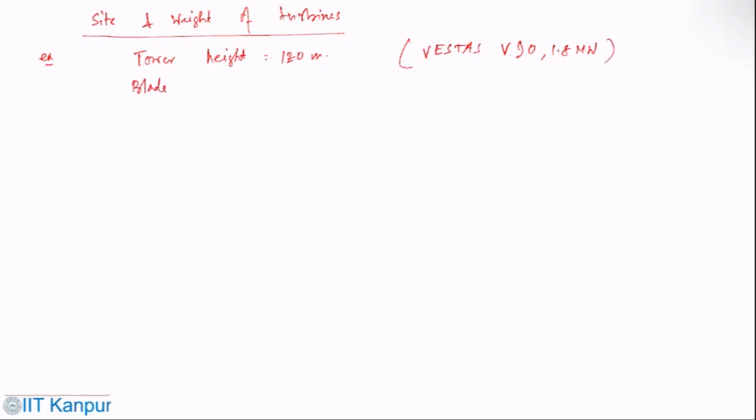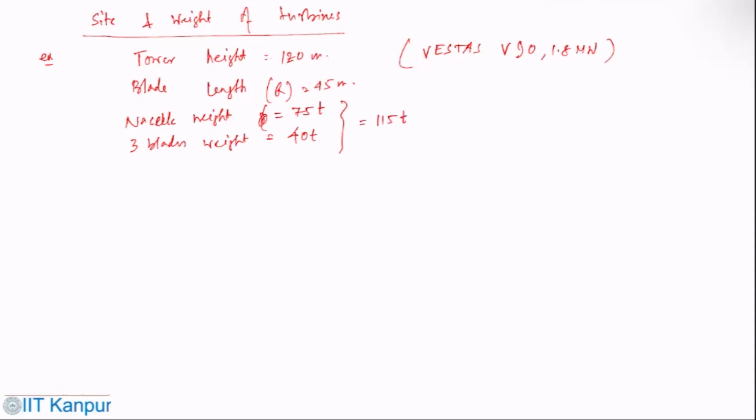Then the blade length R is 45 meter. Then the nacelle weight is around 75 ton. Then the 3 blades weigh up to 40 ton. So this total gives 115 ton, and the tower weighs 152 ton. So that gives you an idea.